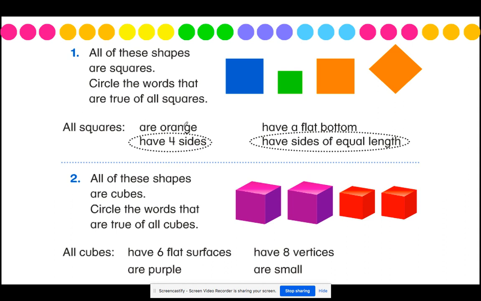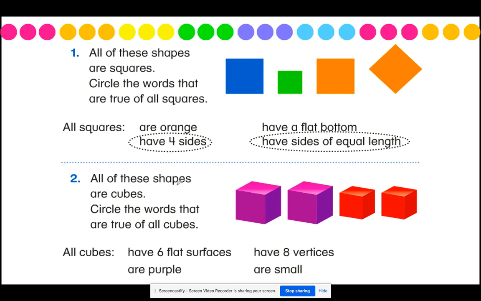What's not true about all of the squares here is that it says are orange. Well, one of these squares is blue and one of them are green, so that's not true about all of them. And have a flat bottom, again, that's not true about all of them because this last square is turned on its side.